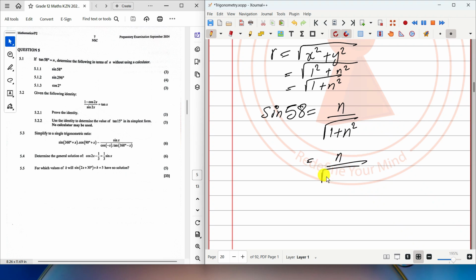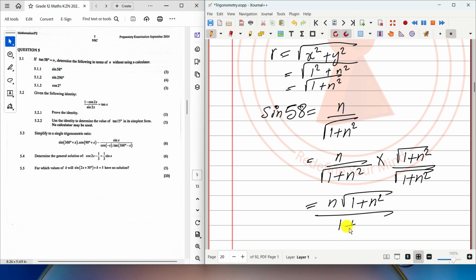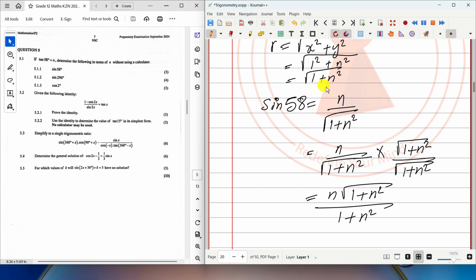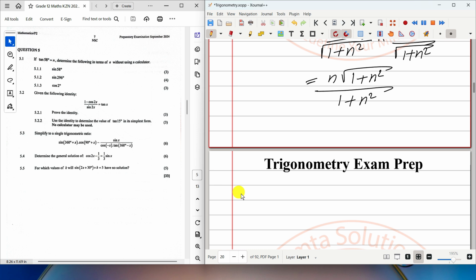It will be multiplied by the square root of 1 plus n squared divided by itself. So what do you have? You have n times the square root of 1 plus n squared over 1 plus n squared. This is you rationalizing the denominator. All right, perfect.